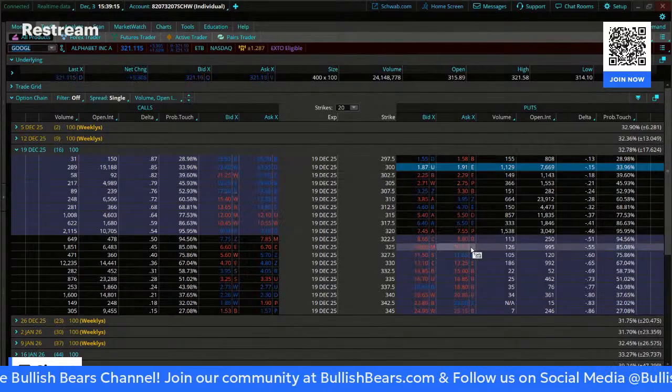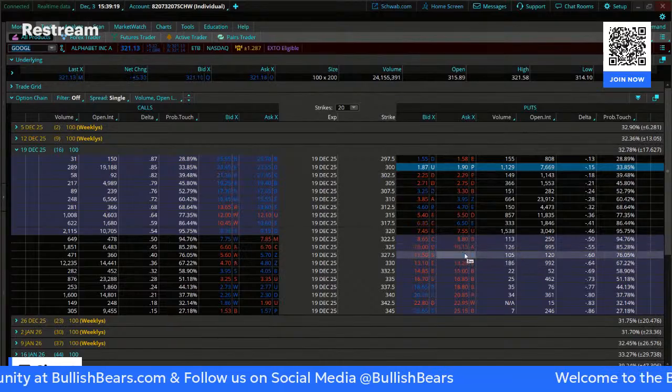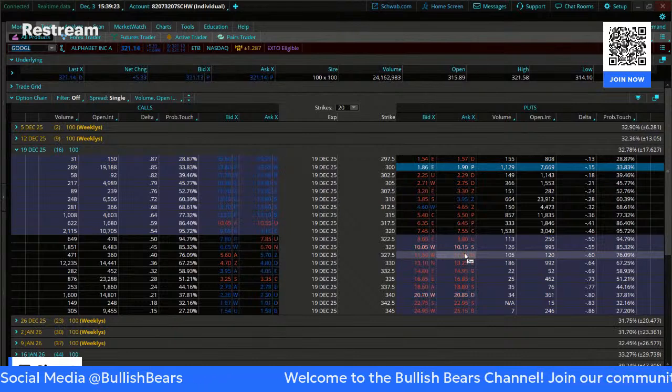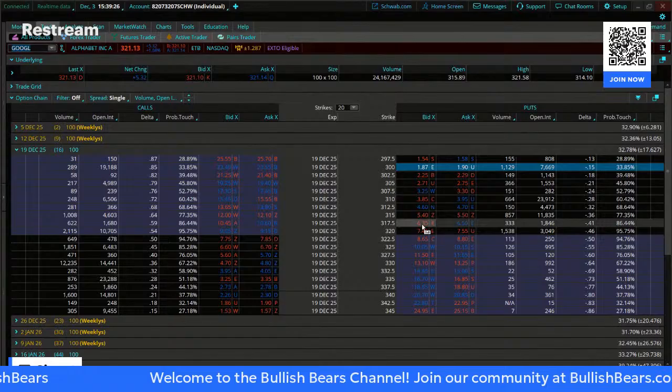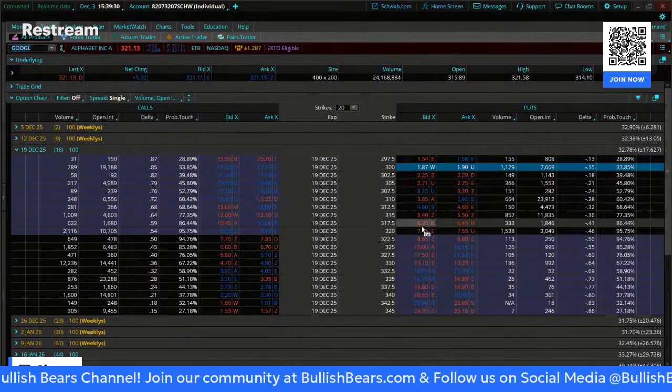And which put am I going to buy? Because all of these are hundreds of dollars as opposed to $7. Now, granted, the put would make me more money probably if we fell tomorrow and ran right to 300.